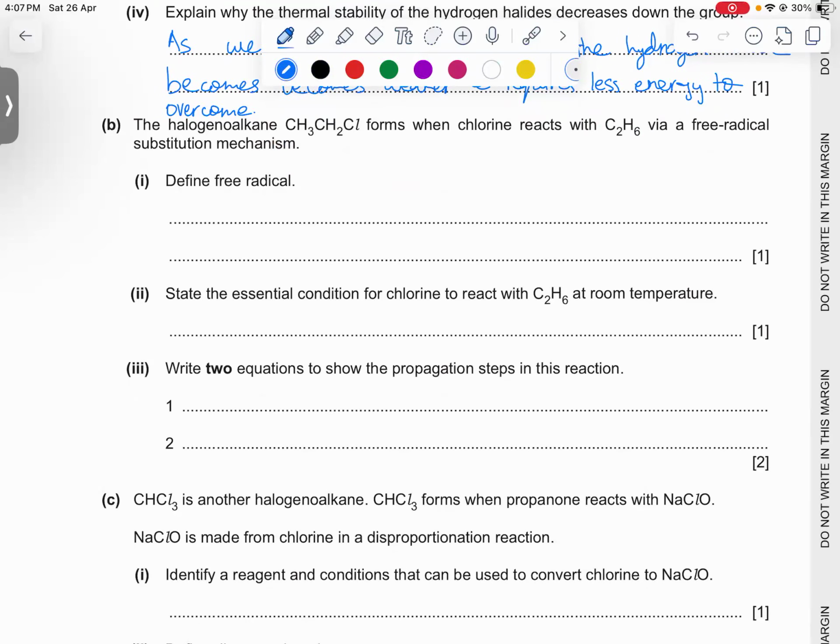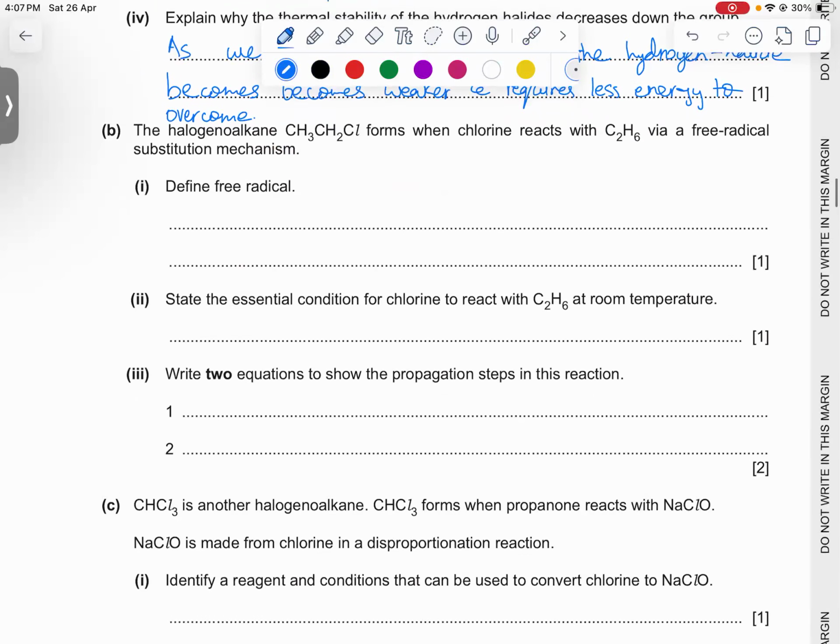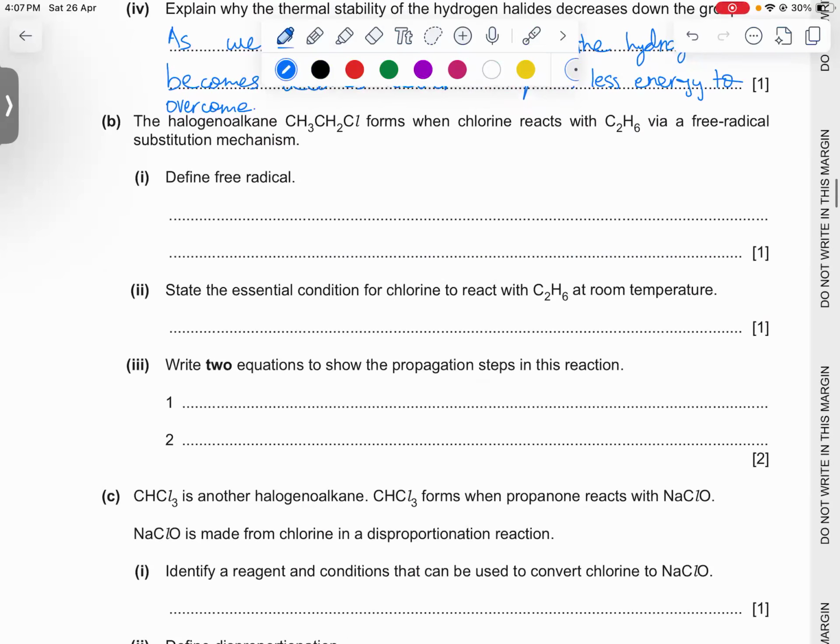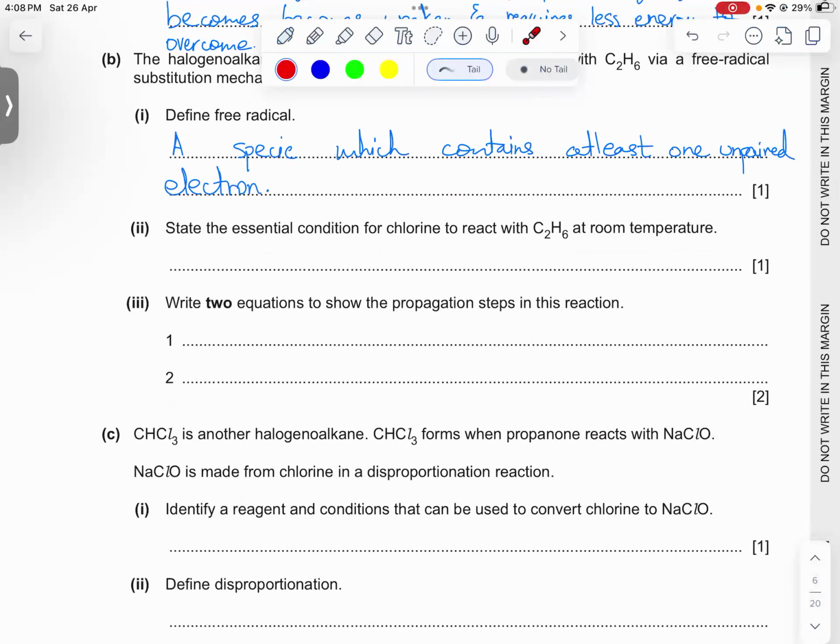We just looked at this in the first question, where they did not use the word free radical but asked how many unpaired electrons there are. A free radical is a species which contains at least one unpaired electron.